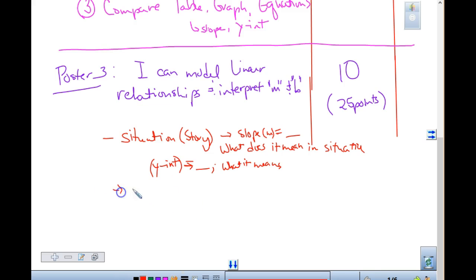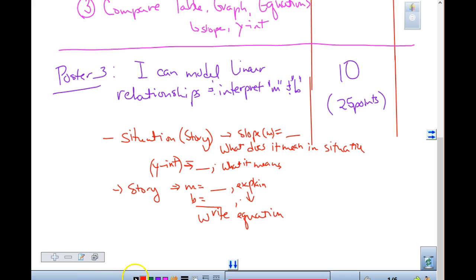So again, I might give you a story situation. You will want to say, here's the m. It equals this, and then you have to explain it in that situation. You'll tell me this is the b, and then you'll explain. And then you will probably look at writing the equation, just like we've been practicing in your homework.